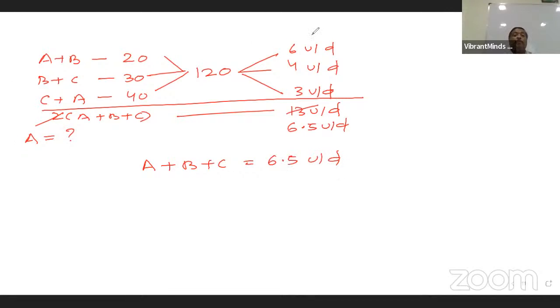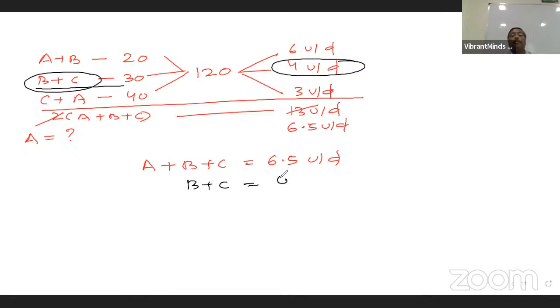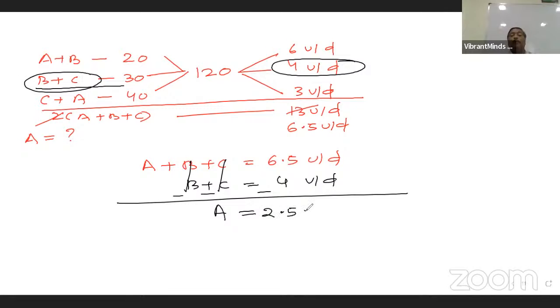And from here we know, B plus C is taking 4 units per day. How many units is saved? 2.5 units per day.